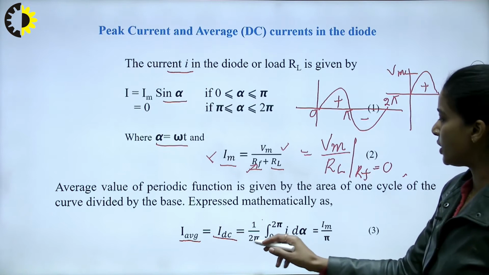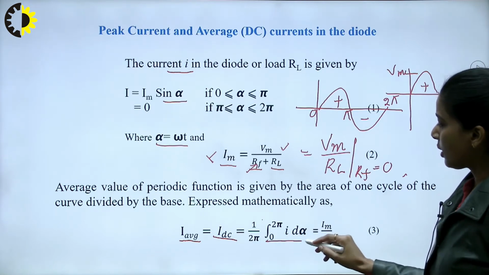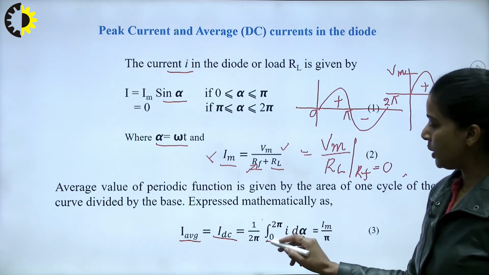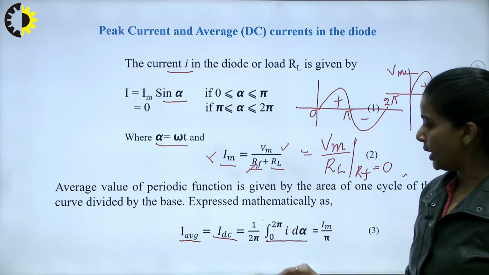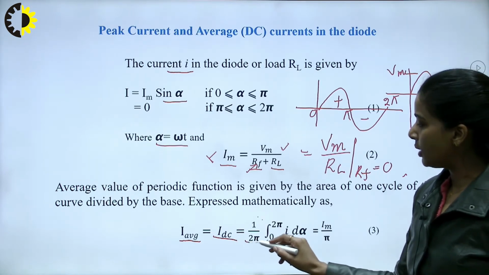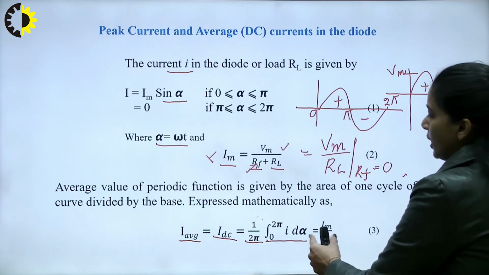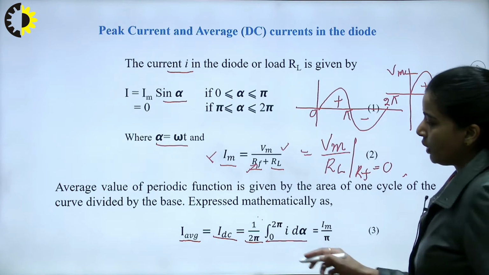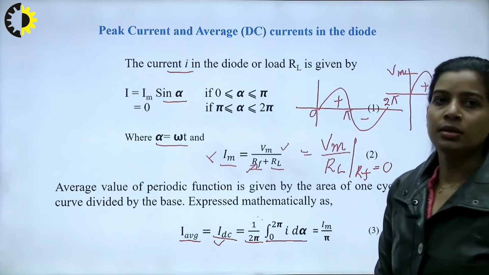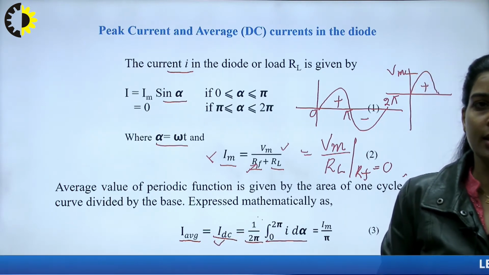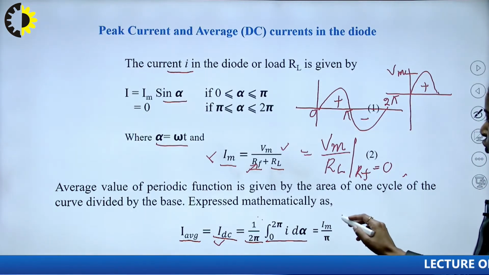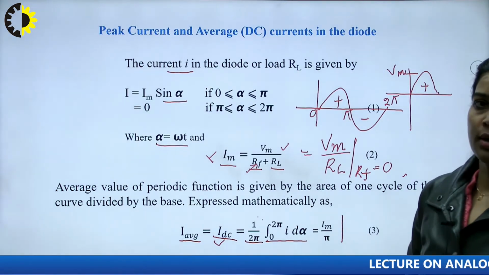That is the average value: the total current I integrated from 0 to 2 pi and divided by the complete cycle 2 pi. So, the total current divided by the total cycle will give the average current or the DC current, and that comes out to be Im upon pi.